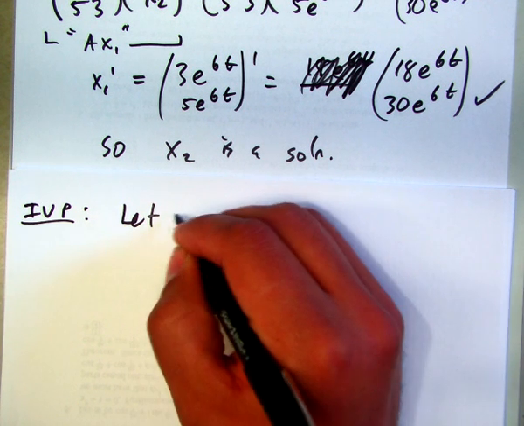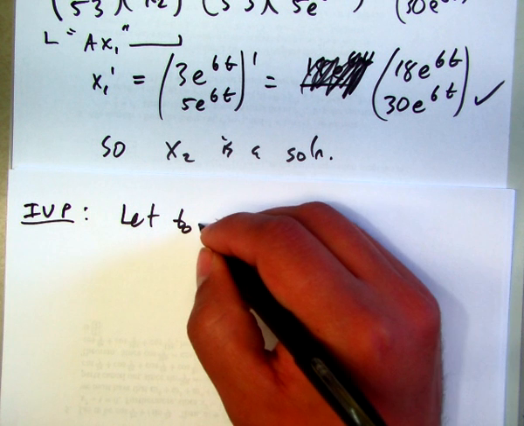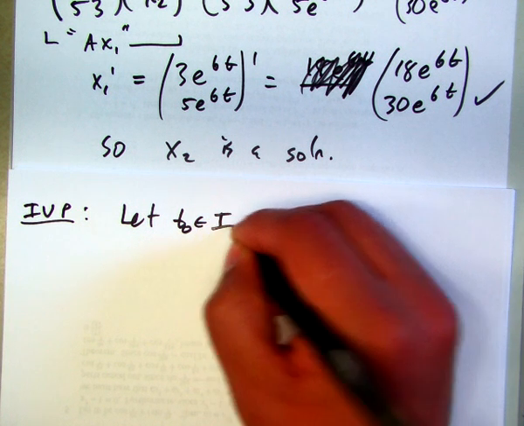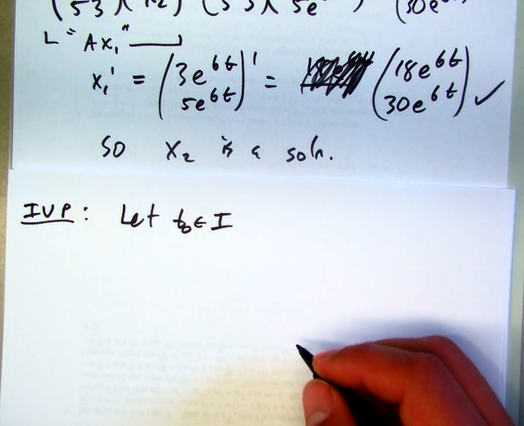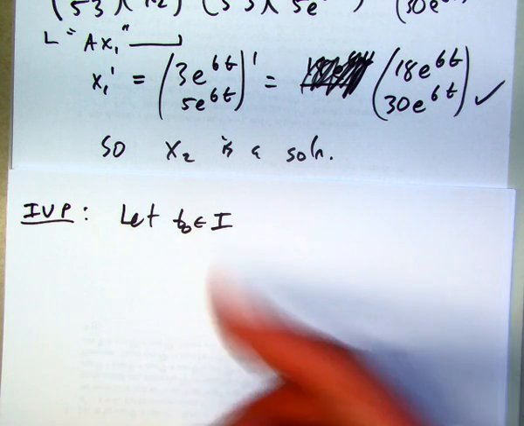So we're going to let T naught be in some interval I for our solution, or interval of validity for the solution.